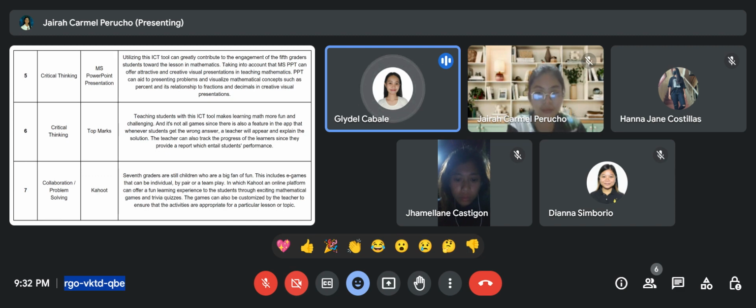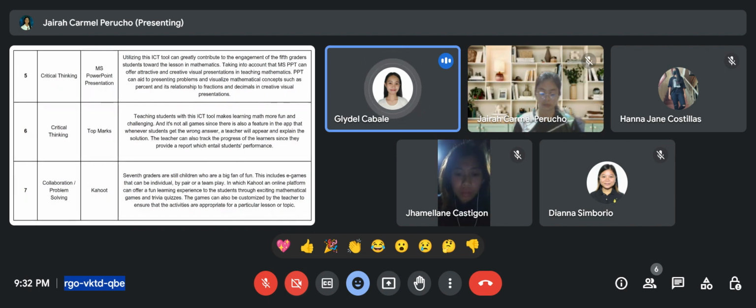And so moving on, we have grade 6, still critical thinking, but this time utilizing Topmarks. Teaching students with this ICT tool makes learning math more fun and challenging. And it's not all games, since there is also a feature in the app that whenever students get the wrong answer, a teacher will appear and explain the solution.